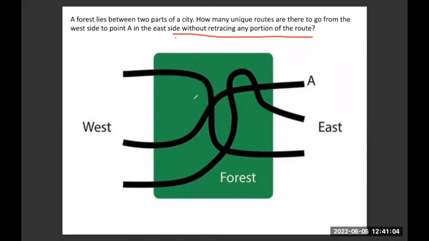I just trace certain routes from here, and all you need to do after that is connect them.